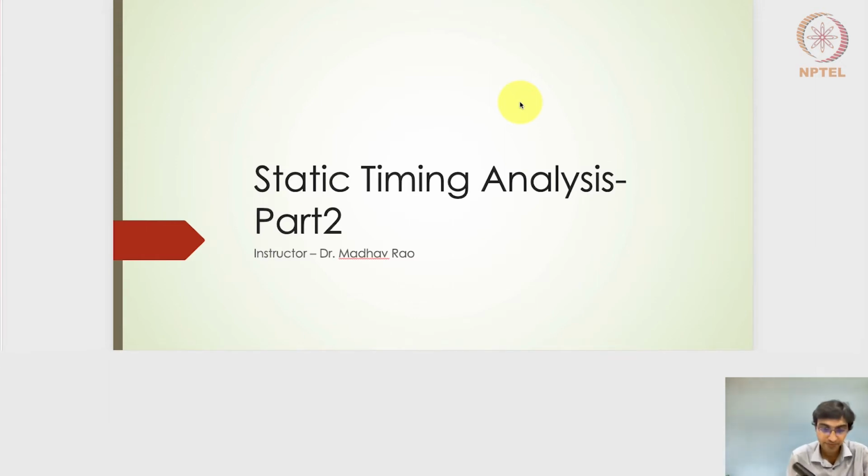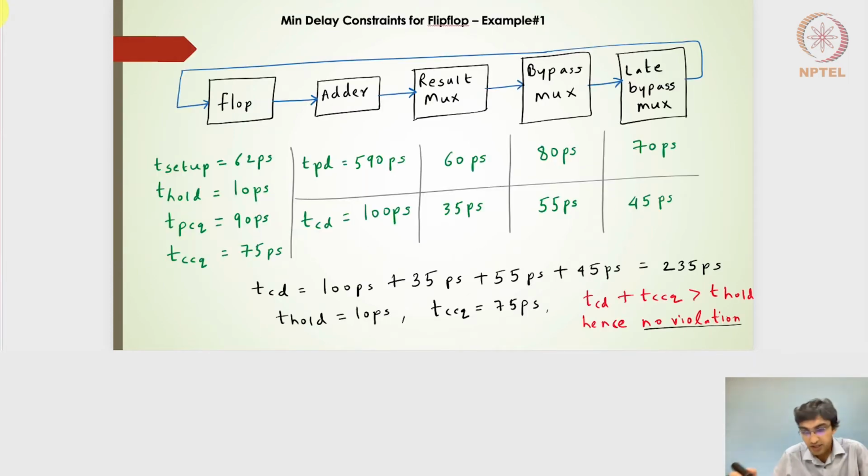Let's move forward. Meanwhile, I will also get my pointer. Right. So this is from the last lecture, and in the last part of the last lecture, we had seen this particular design of the flops, which is characterized with parameters like the T setup time, the T hold time, the TPCQ and TCCQ. So the sequential circuit element is given to us with this set of parameters.